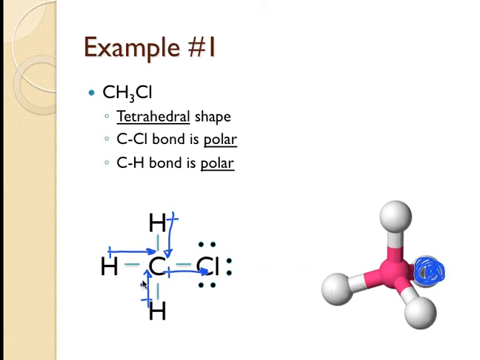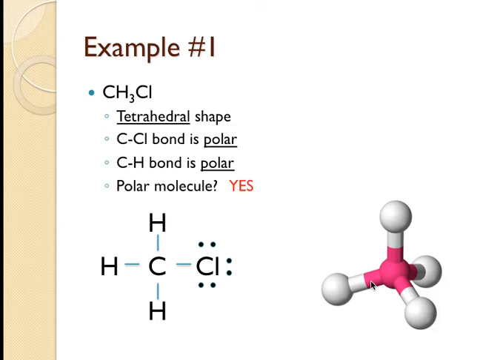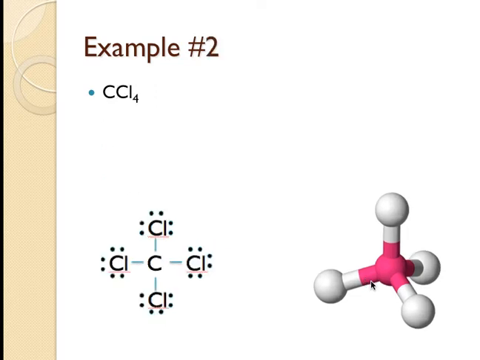These polar bonds do not cancel each other out. Hopefully you can see that overall the molecule is going to be polar, with the partially negative end on the chlorine and partially positive on all of those hydrogens. So it is a polar molecule because the bonds are polar and those bonds add together to make one end of the molecule more negative than the other.